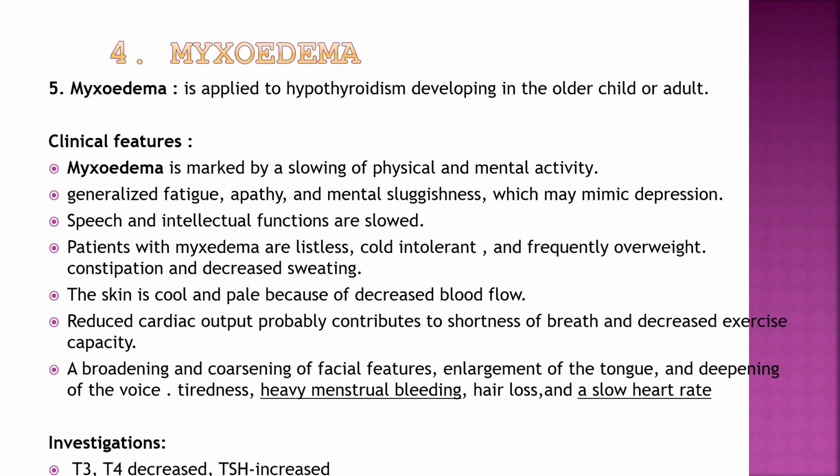Reduced cardiac output causes shortness of breath and decreased exercise capacity. There is broadening and coarsening of the facial features, enlargement of the tongue, deepening of the voice, tiredness, heavy menstrual bleeding in females, hair loss and slow heart rate. On thyroid function tests, T3 and T4 are decreased and TSH is increased.